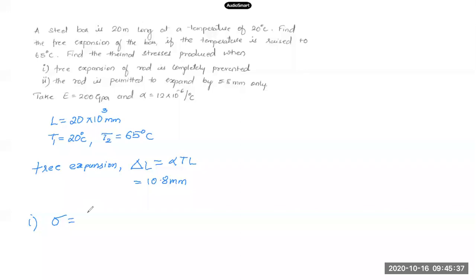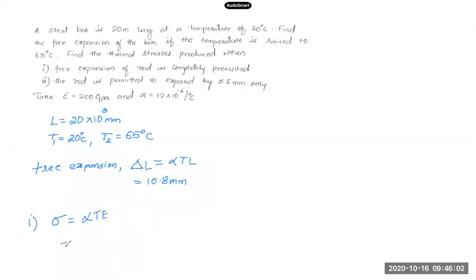That was a very similar and simple expression for sigma. Sigma was equal to, in the previous problem also we had the same case, delta L free expansion and sigma. Alpha T E, yes, alpha T into modulus of elasticity E. So this is sigma here.